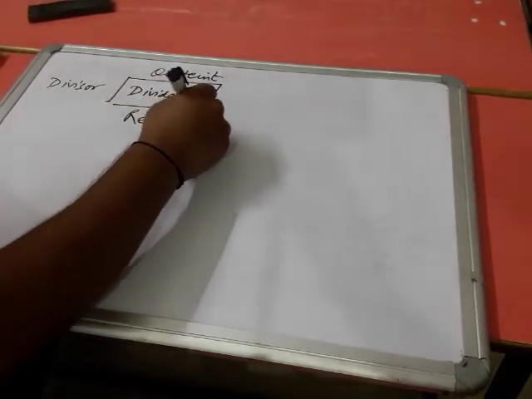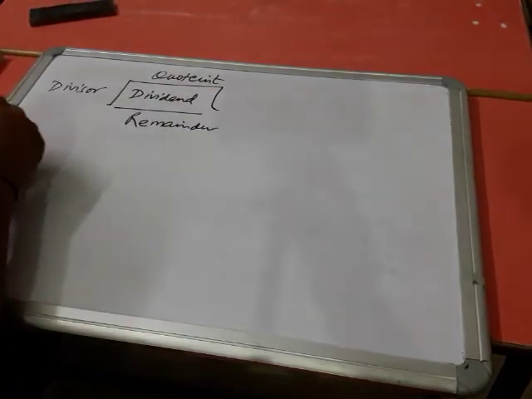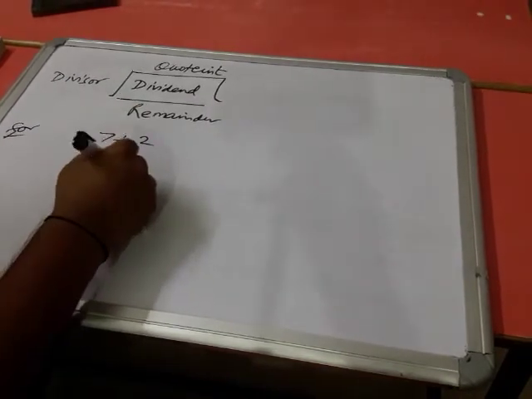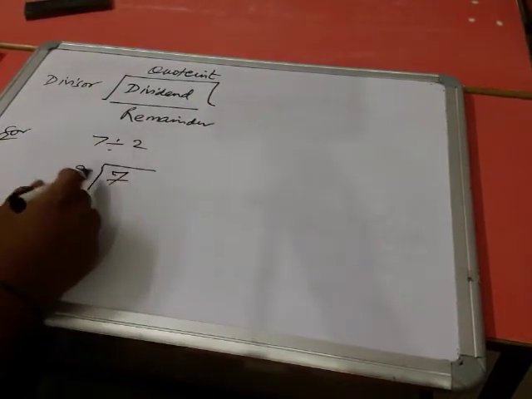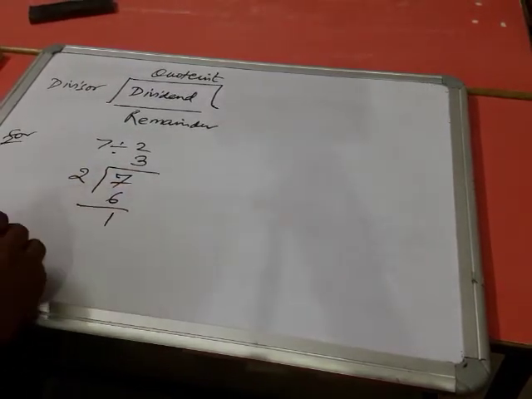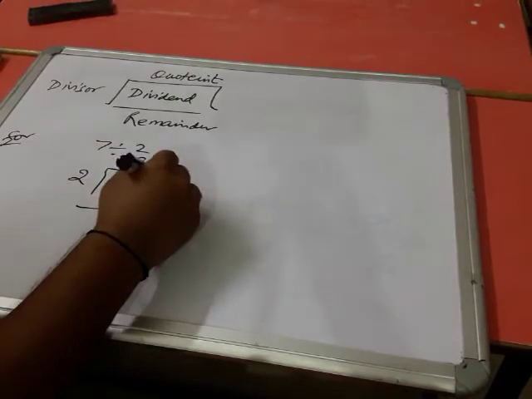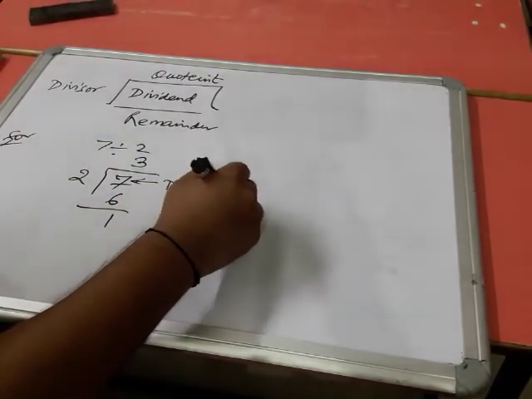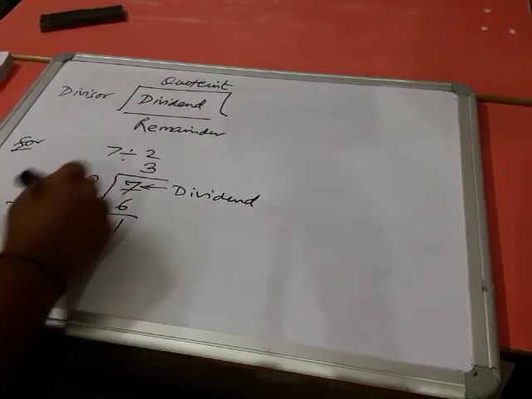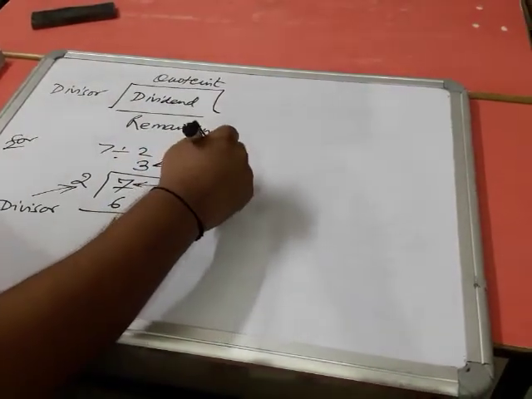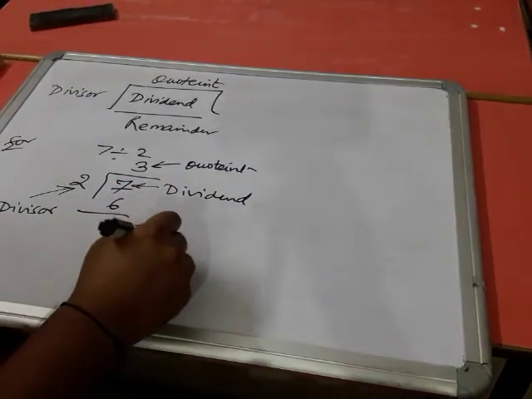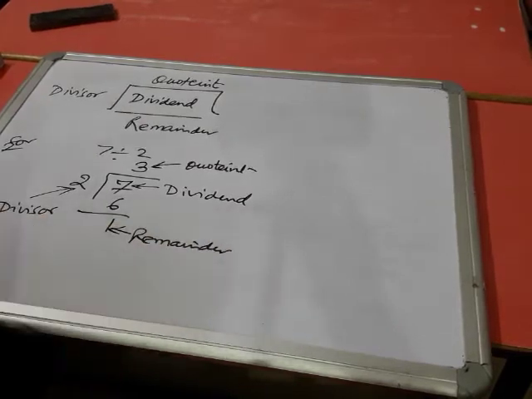For example, suppose 7 divided by 2. 2 threes are 6, and 1 is the remainder. What is 7? 7 is the dividend and 2 is the divisor. 3 is the quotient and 1 is the remainder. So what do we observe?